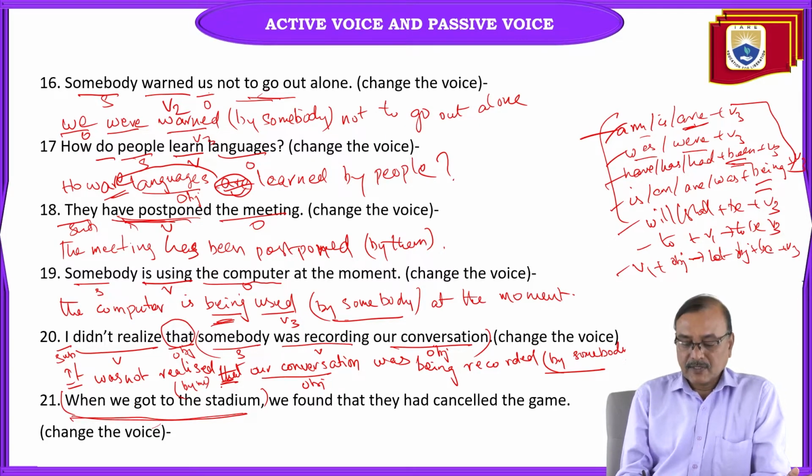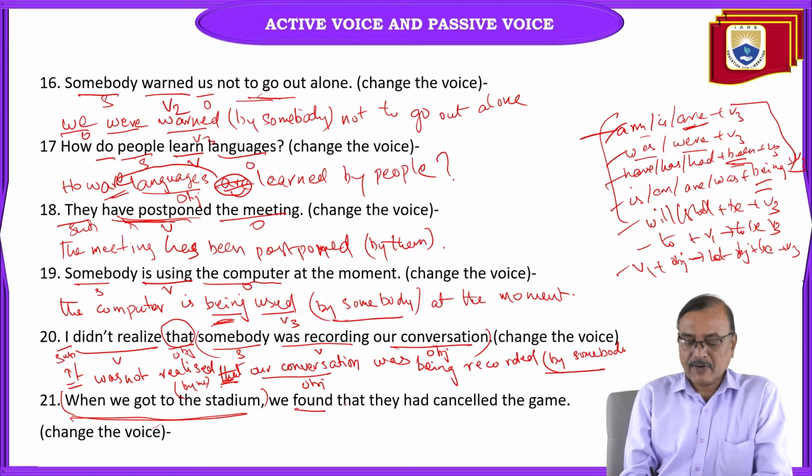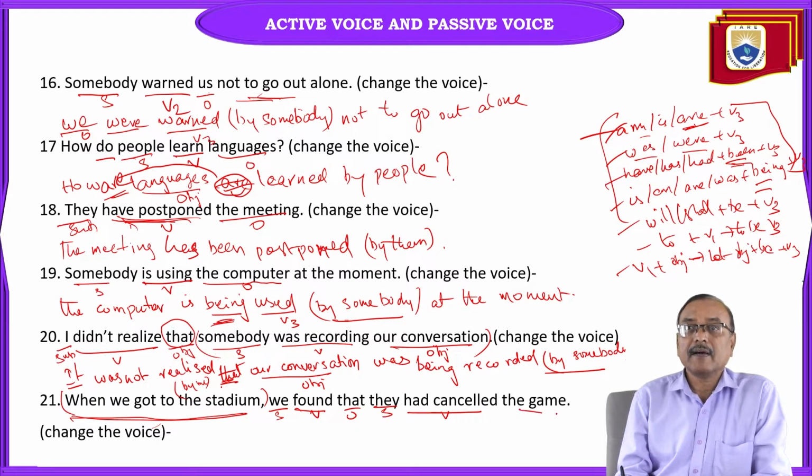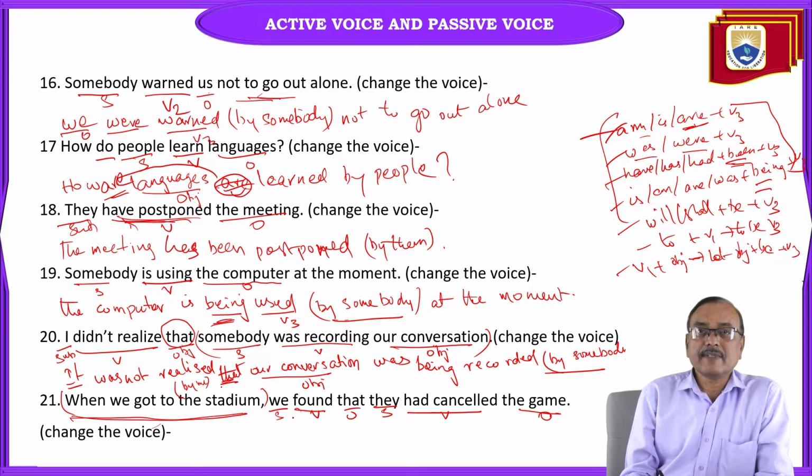Okay. So think of it here: we found that. Found is the verb, we is the subject, that is the object. Next, they had cancelled the game. Had cancelled is the verb, they is the subject and the game is the object.